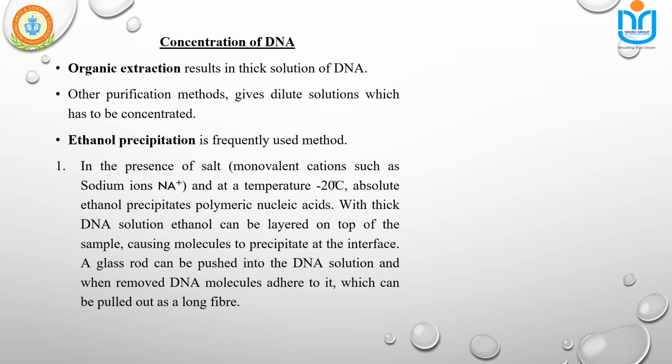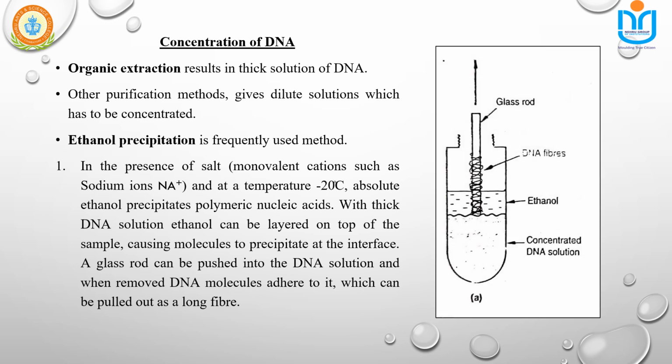precipitates polymeric nucleic acids. With thick DNA solution, ethanol can be layered on top of the sample, causing molecules to precipitate at the interface. A glass rod can be pushed into the DNA solution, and when removed, DNA molecules adhere to it, which can be pulled out as a long fiber.